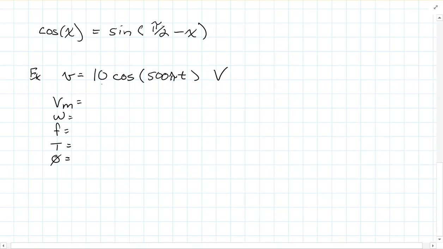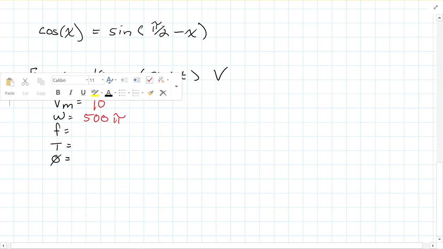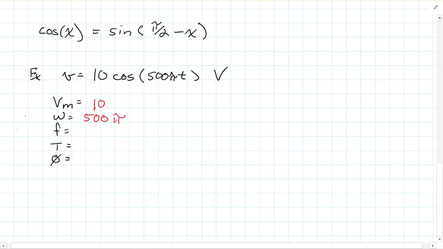Vm is easy. We can just say, oh, look, it's right there. It's just 10. And then we can also see what omega is. It's just simply the number in front of t, so that's 500 pi. And then f, remember, is omega divided by 2 pi, which would be 500 divided by 2 pi, which of course is just 250.